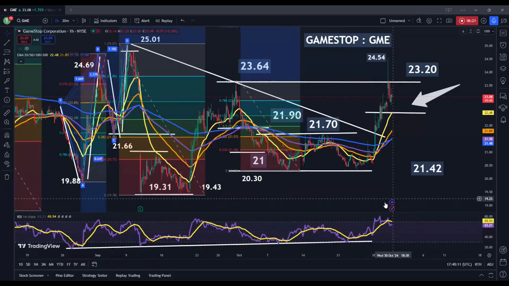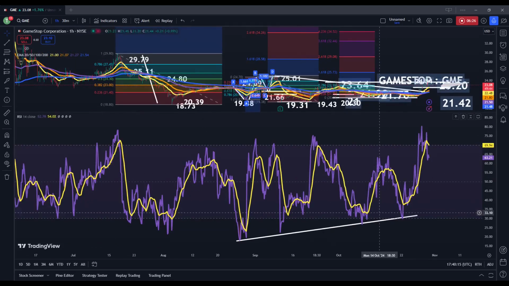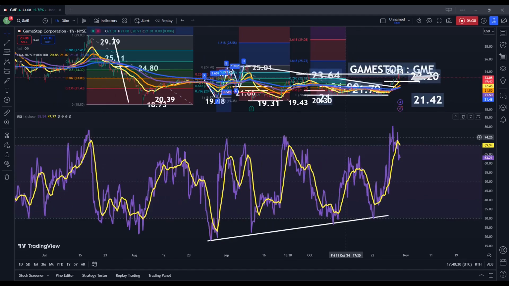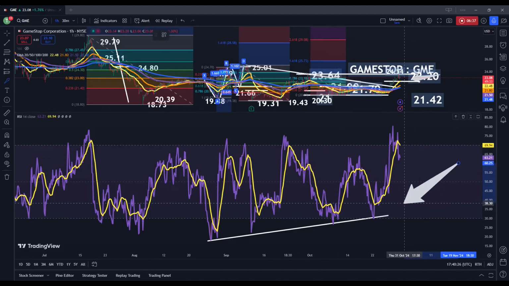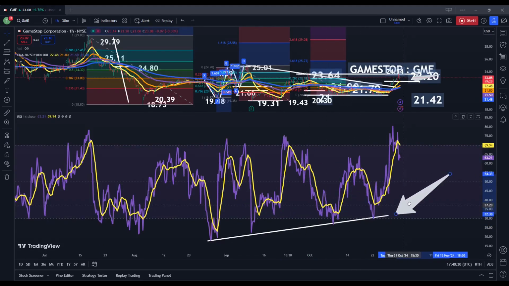But in any case, the overall readings here are positive, and for the most part, this indicator reading is still pointing to positive momentum as well. I'm a little bit reluctant to make people too excited about this, but this is actually a fairly positive indicator reading, because this has been tested on 4 separate occasions. It's a very stable slope.